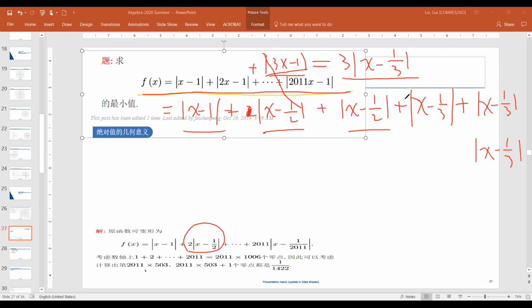So I just rewrite it here, right? So what's the minimum of this part? This is the biggest, second biggest, third biggest, and this is the smallest one.